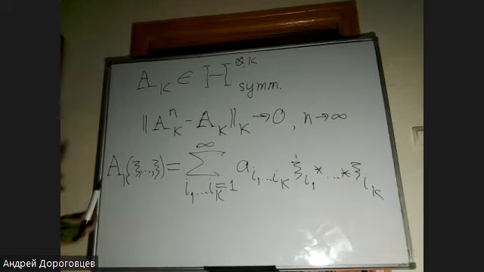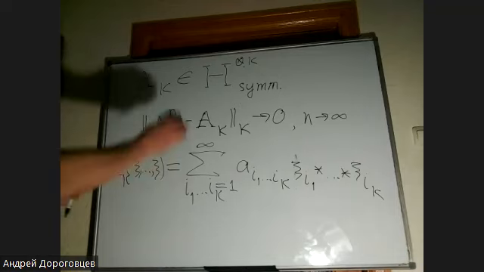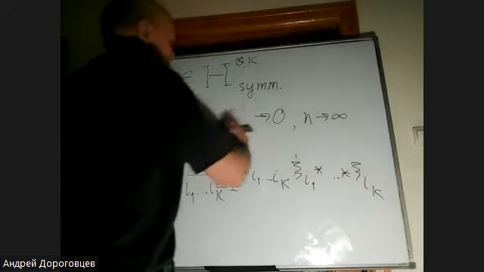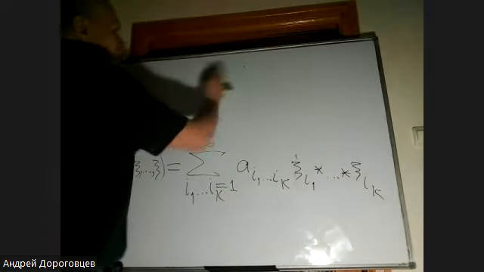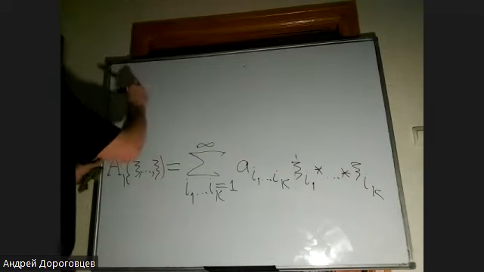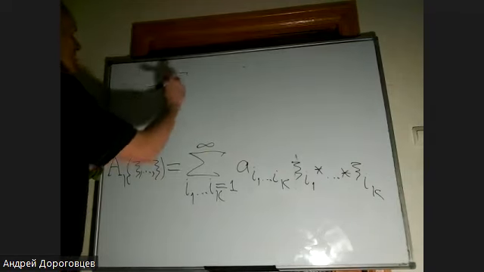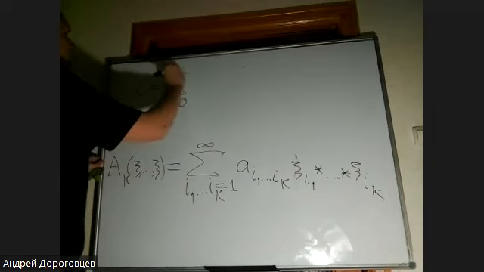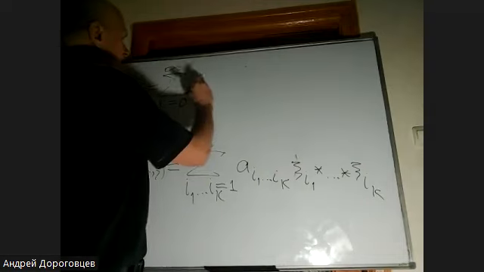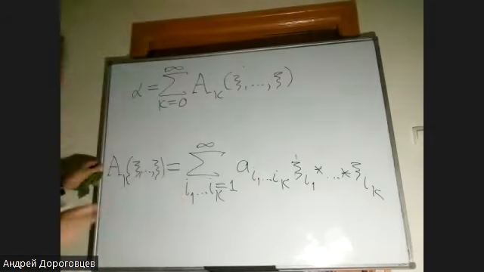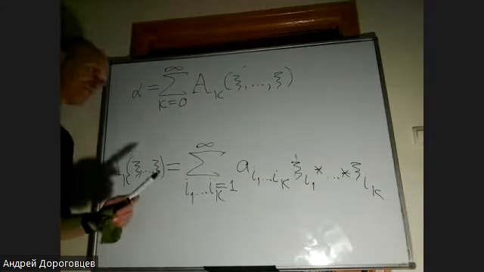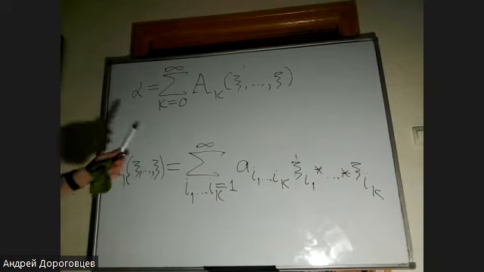Here we have such kind of random variables, and now, of course, one can expect that our random variable alpha will have exactly the representation alpha equals the sum from k equals 0 to infinity of A_k psi. The series will converge again because the limit exists.